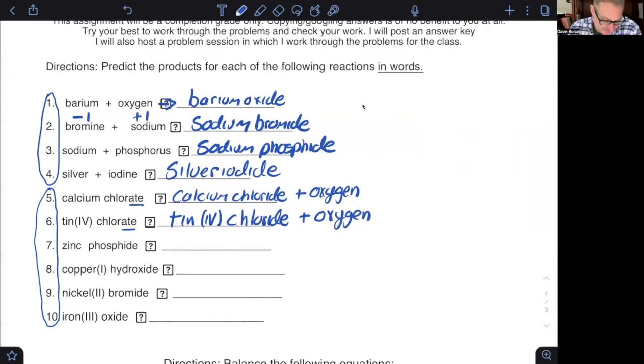Same thing as in the last one. Okay, so now we're into what we've seen a little more, zinc phosphide. So that's going to break apart into zinc plus phosphorus. So you drop the -ide when it's on its own.